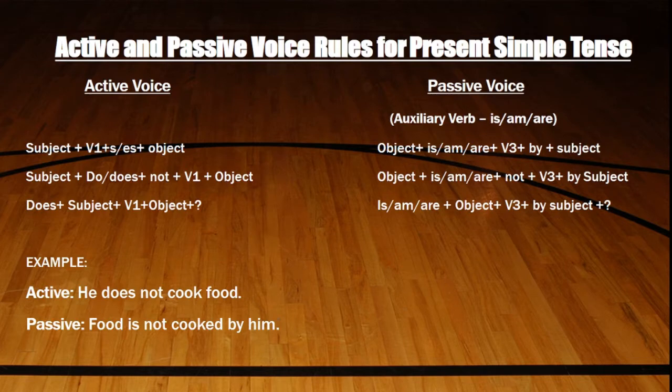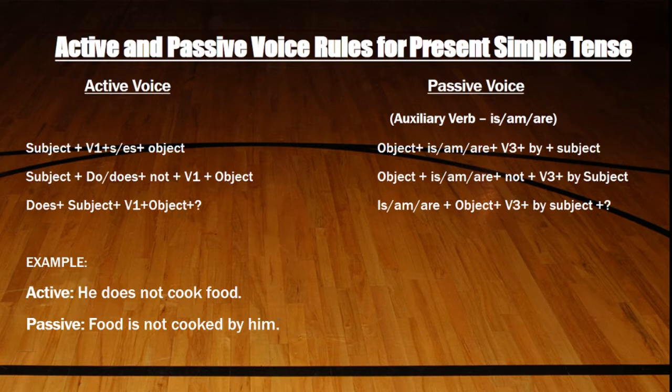But in the case of passive voice, understand that the auxiliary verb is is, am, or are, right? So what happens here? In the first case, it's like object plus is, am, are, plus the third form of the verb with by and then the subject.